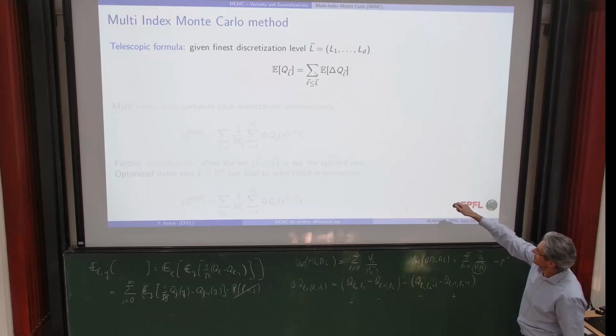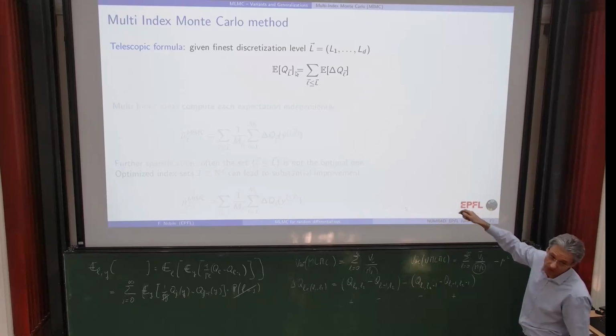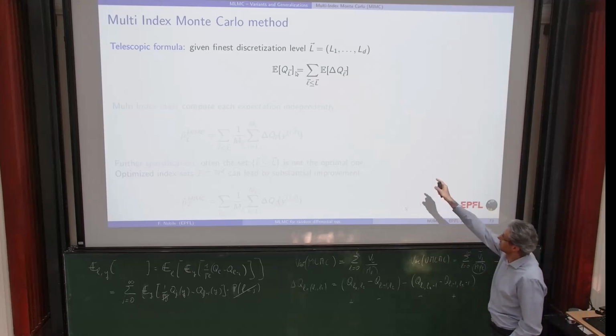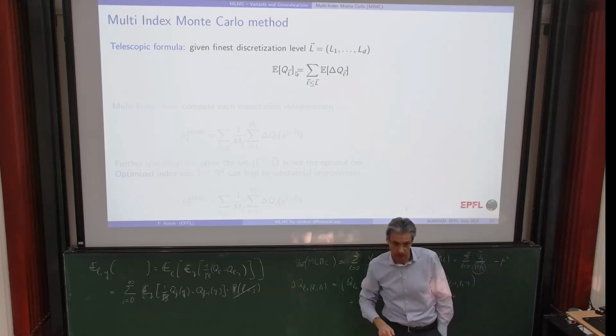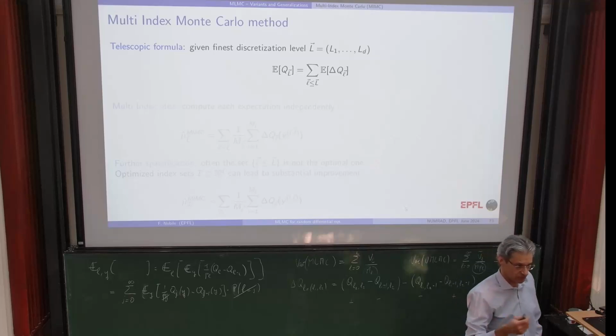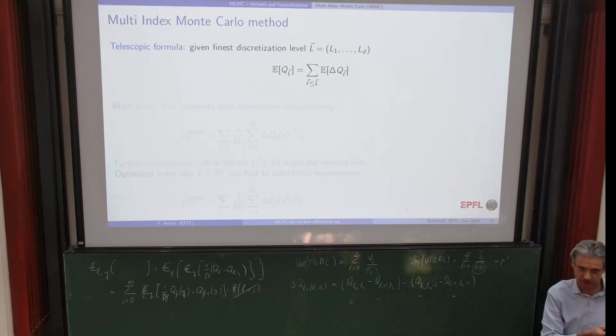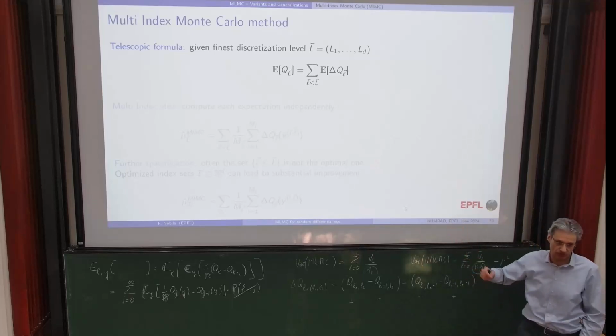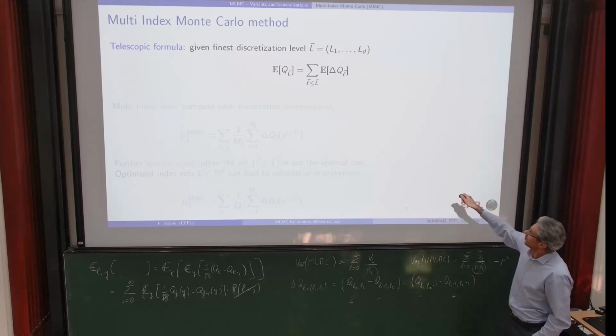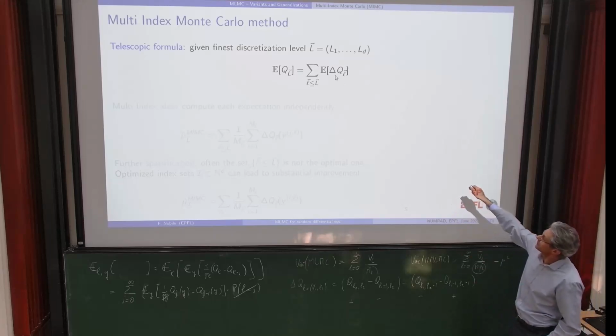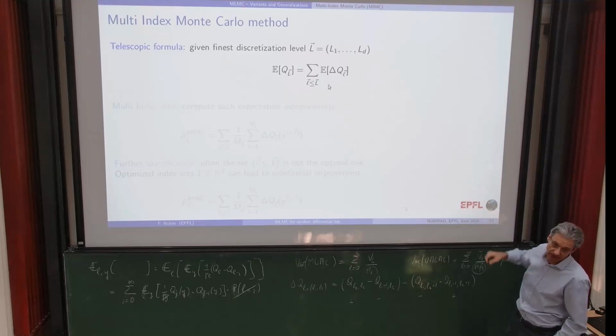So let's say I want to compute this expectation here. Well, it's a little exercise to show that this is exactly equal to the sum over all multi-indices smaller or equal than L. This is an entry-wise comparison, so little l is smaller or equal than capital L, of the mixed differences at level l.